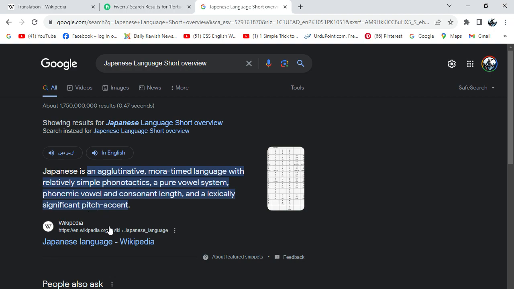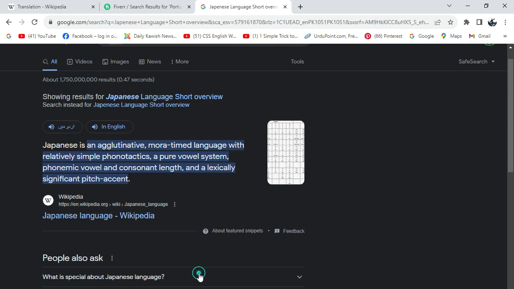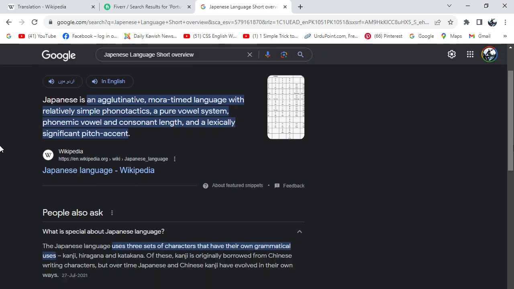Japanese is an agglutinative, mora-timed language with relatively simple phonotactics, a pure vowel system, phonemic vowel and consonant length, and a lexically significant pitch accent. What is special about the Japanese language?